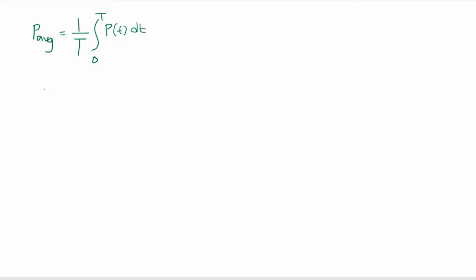Substitute that P of t which you have derived in the earlier slide. What is P of t? Vm Im by 2 cos 2 omega t plus theta plus cos theta, into dt.